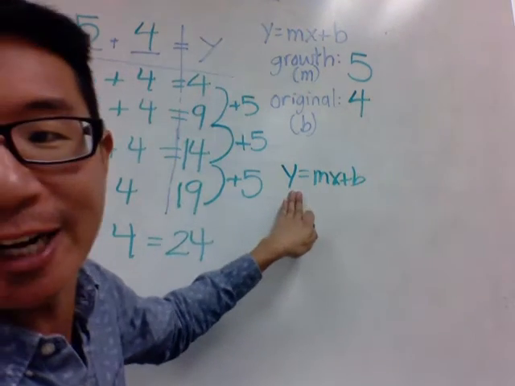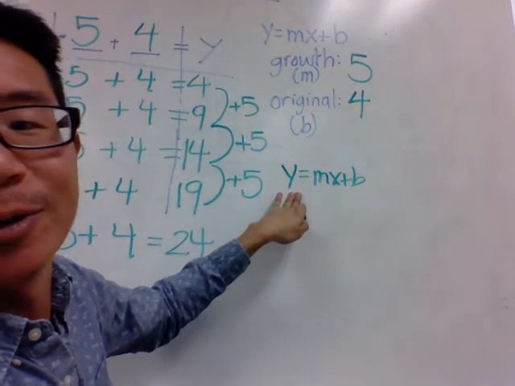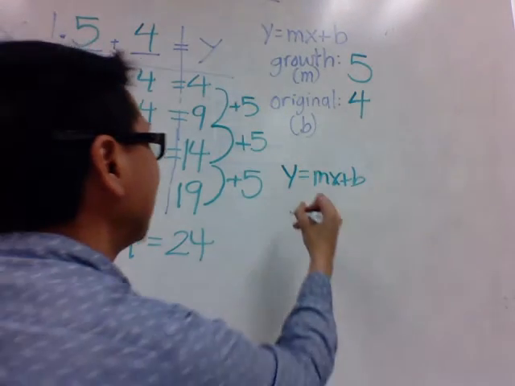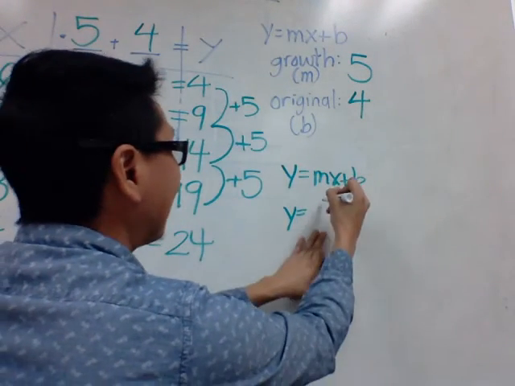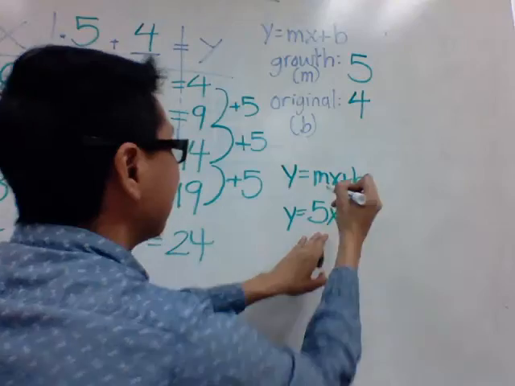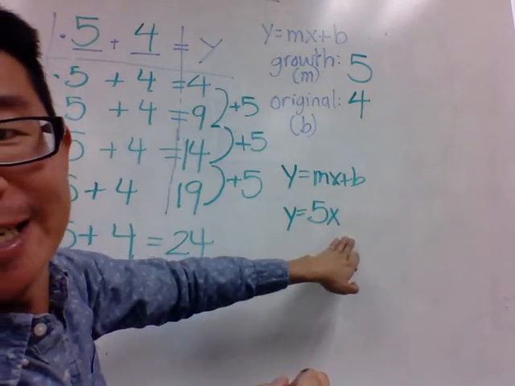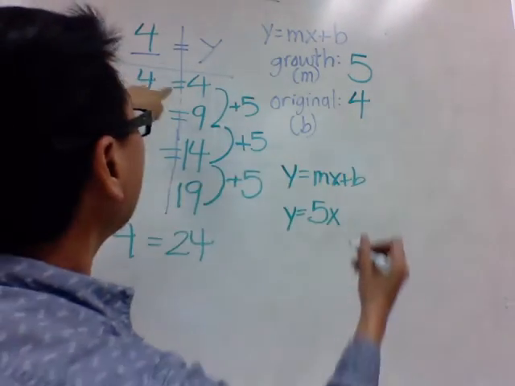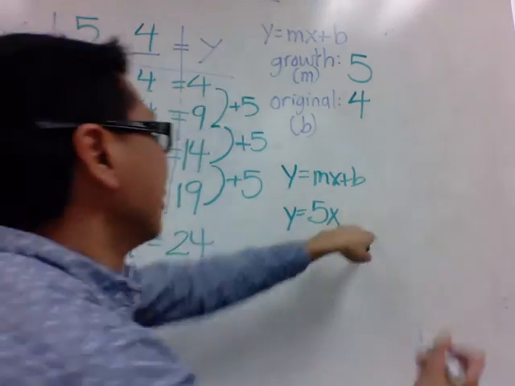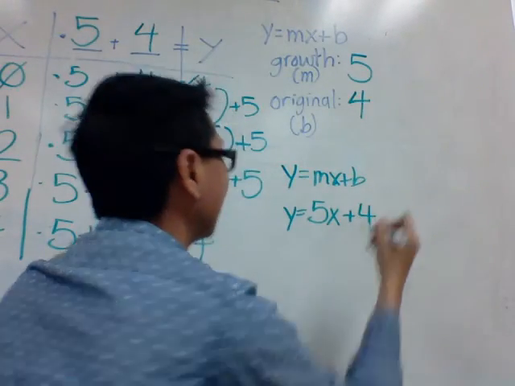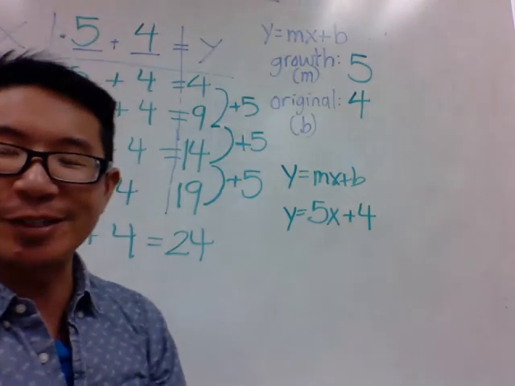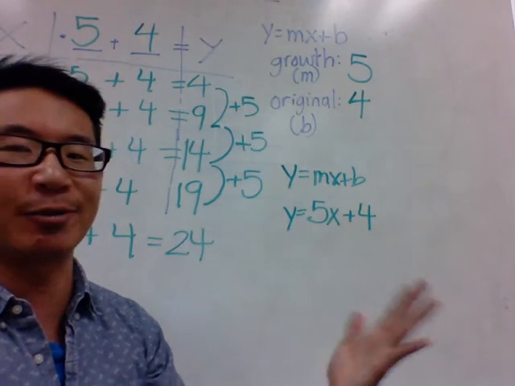The rule is that it's growing by 5 times x, because it's growing by 5, as you can see here, plus how many the original had, which is 4. And there you go. You can graph this on a graph or use Desmos to make the graph and see what it looks like to infinity. And that is how you determine the rule when you're given a table.